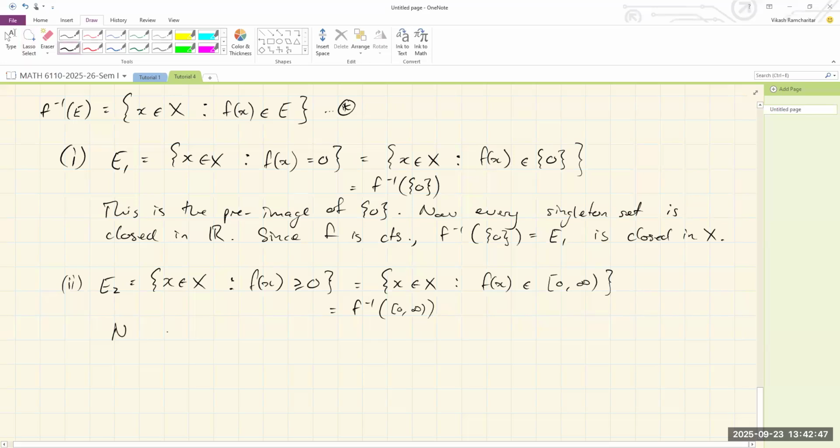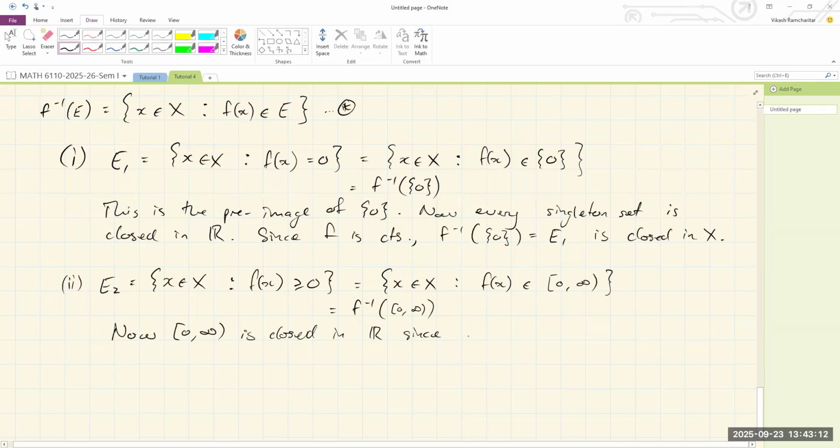So now this set 0 to infinity is closed in R. Remember a set is closed if and only if the complement is open. That's another way you could do things.